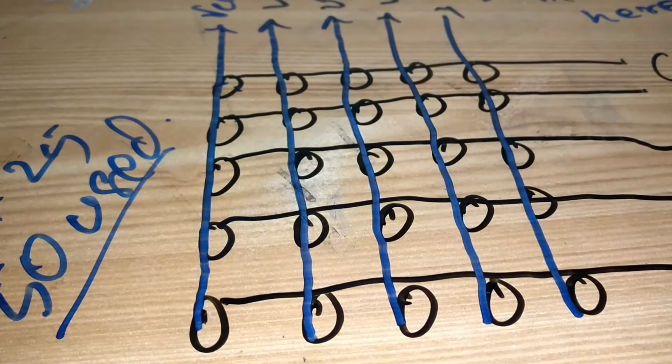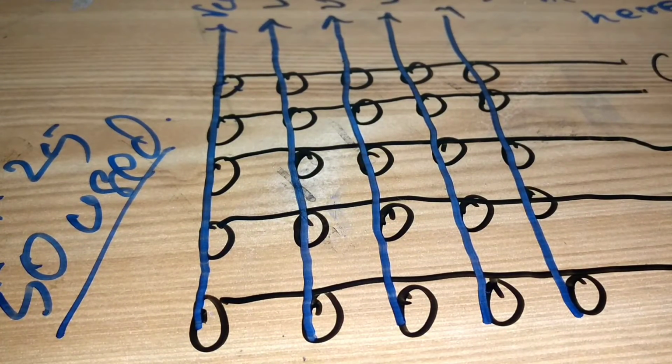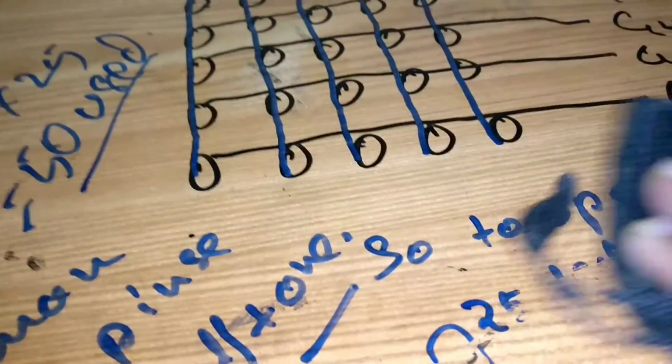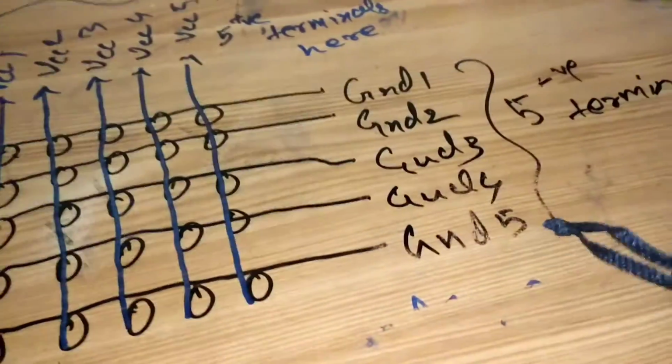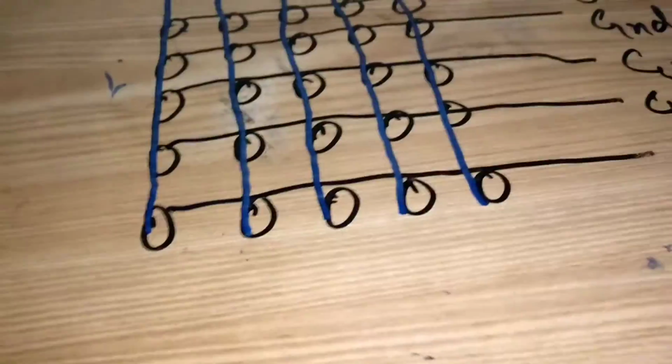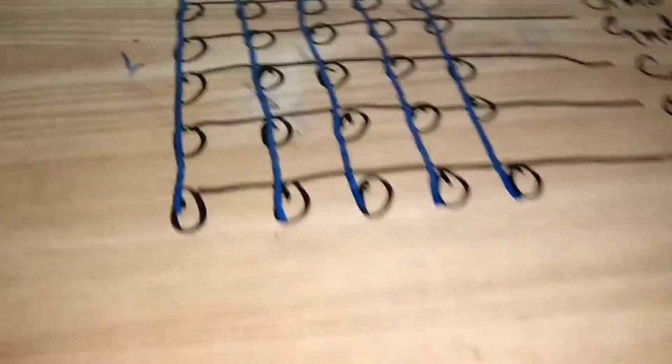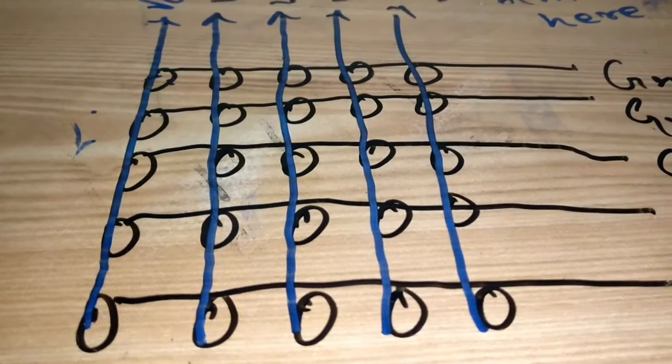So let's just study how the matrix works now. The connection will be the same for 2x2, 4x4, 2x3, depending upon how many LEDs you are going to use. Now let's just concentrate on this matrix.